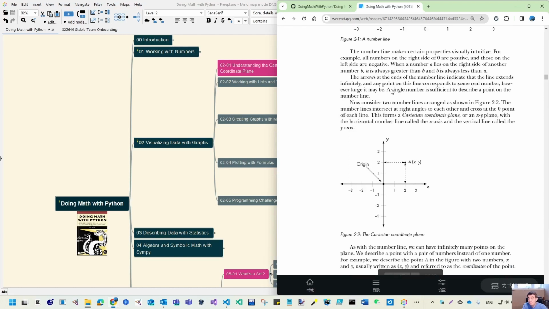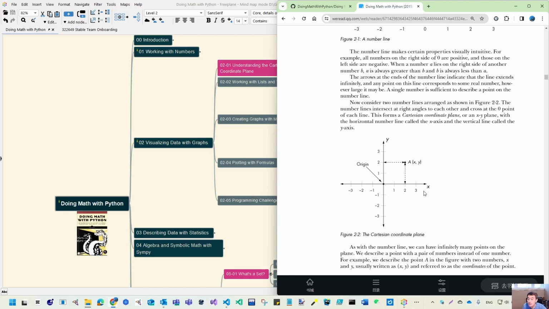Similarly, if you move a number line up and down, to infinity, infinitely long, then you will get a space, or we can say a plane.